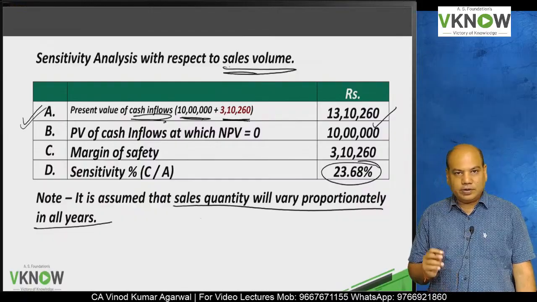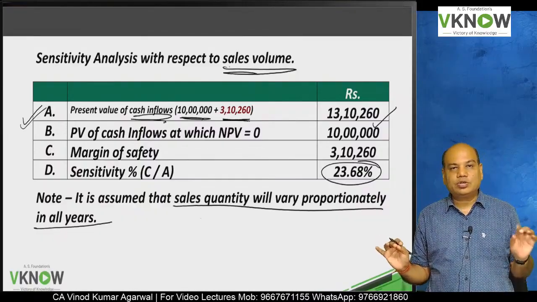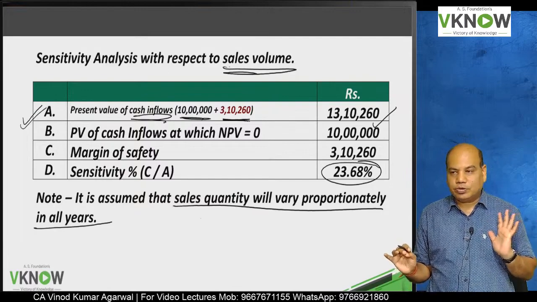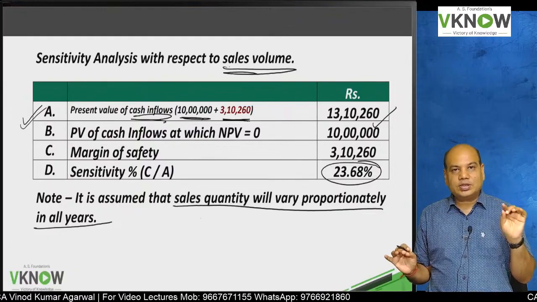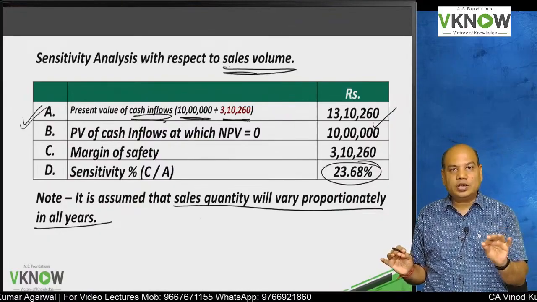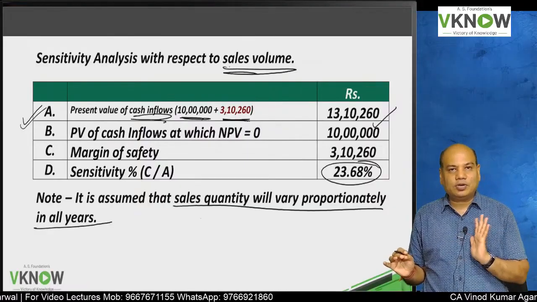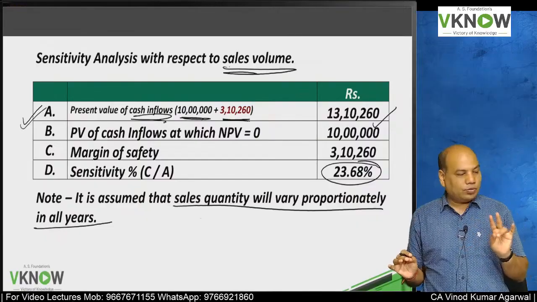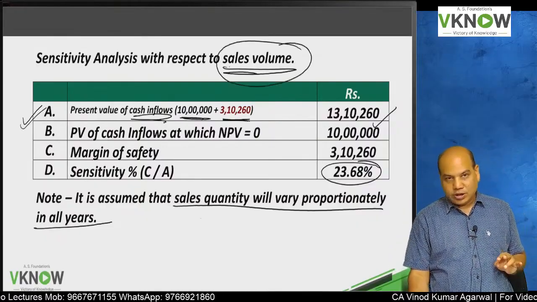Otherwise you can test 1 year at a time also. Then you will have to solve 3 times. By what percentage can sale of year 1 fall? By what percentage can sale of year 2 fall? By what percentage can sale of year 3 fall? In that case, if you want to test for individual year, then you will have to do it 3 times.